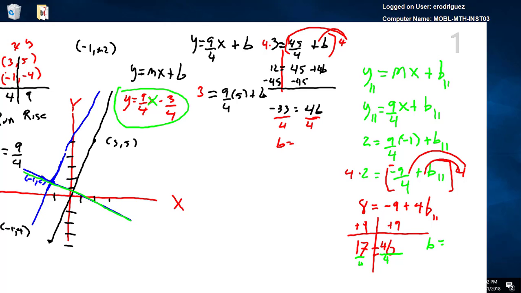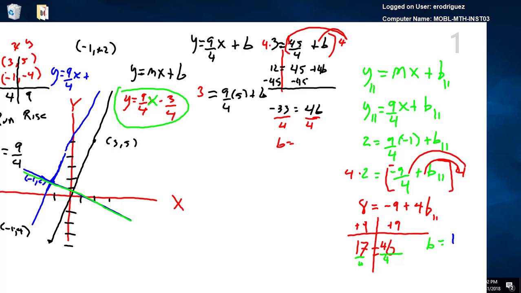So you can see now I'm going to add 9 to both sides, and I'm going to get 17. All right, 17 equals 4b. That'll be the y-intercept for the parallel line.